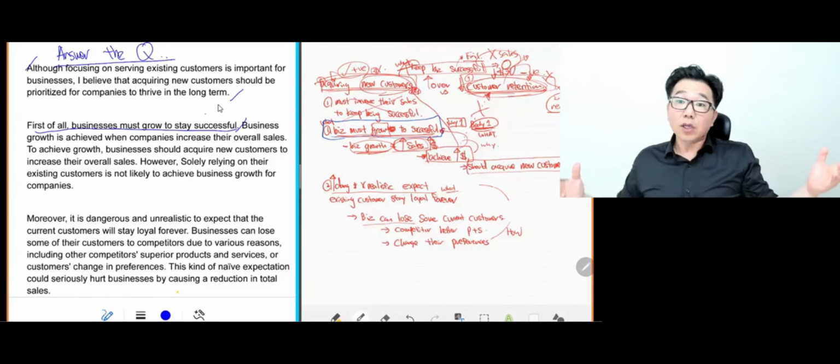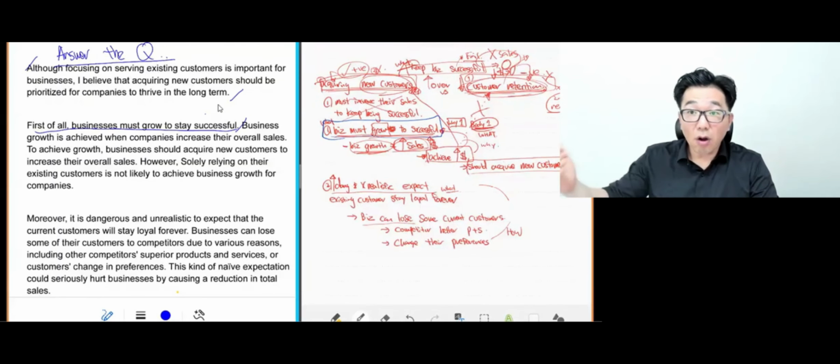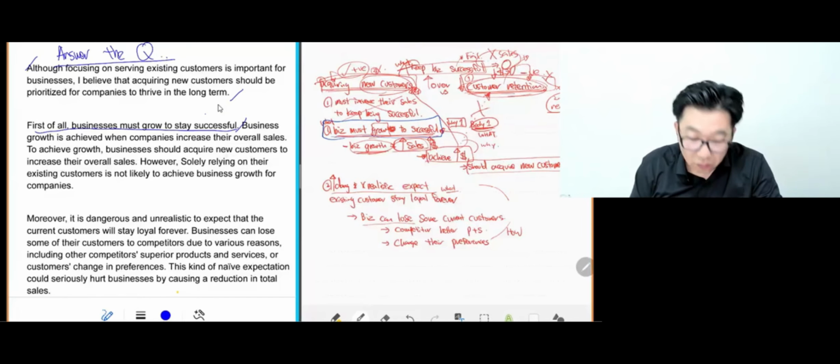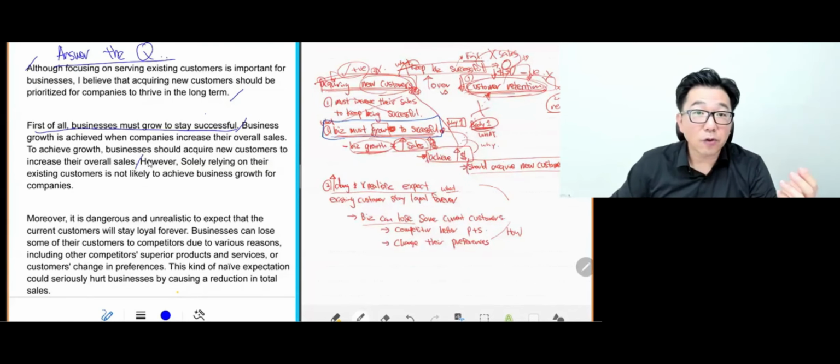So how? We need to acquire new customers to keep making more sales, right? To achieve growth, businesses should acquire new customers to increase their revenue, their overall sales. We can finish it here if you want it concise.